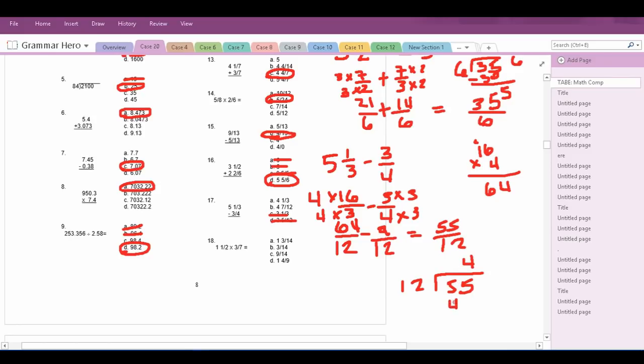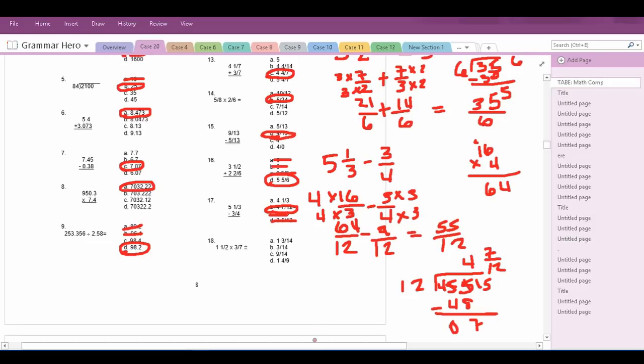It actually gets us to 48. Subtract it. 5 minus 8, we can't do it. We've got to borrow a 1. This becomes 15. 8, 9, 10, 11, 12, 13, 14, 15. This becomes 7. This becomes 0 because 4 minus 4 is 0. This becomes 4 and 7 over 12. Is that a choice? It is. Good.